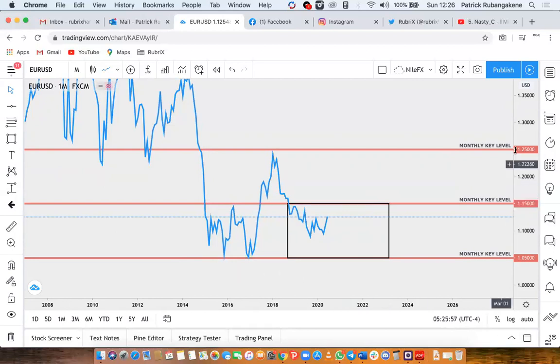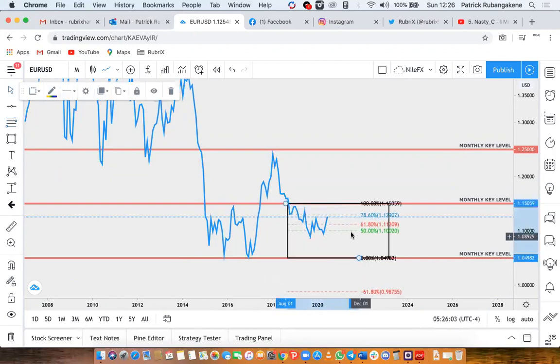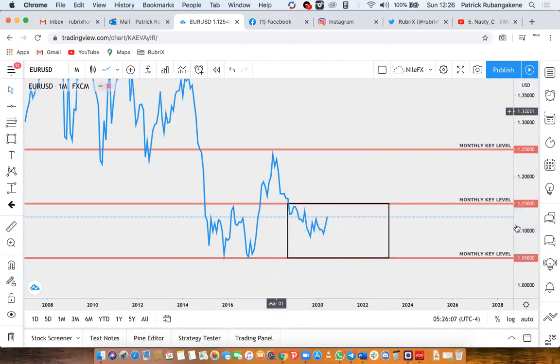You can either use a Fibonacci tool and drop it from anywhere up to down and look at the 55th level, or you can add these prices on your calculator, 1.15 plus 1.05, and then you get the average. You divide by 2.